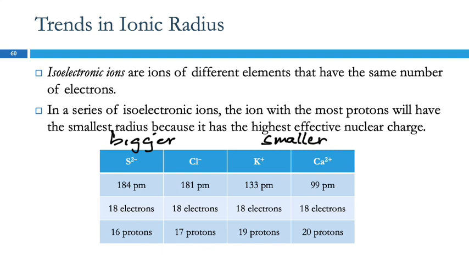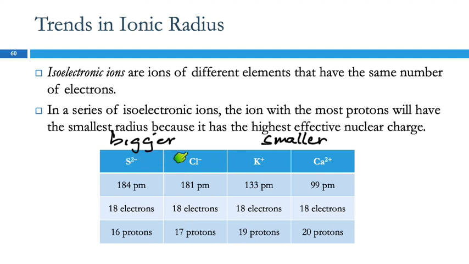And if we look at the masses here, no, that's not the masses. The number of electrons now is the same. The number of protons is different. So calcium has 20 protons. Sulfur only has 16. So this is a smaller charge attracting those electrons, and so we expect it to be bigger.